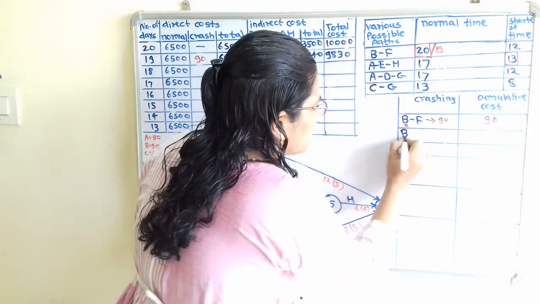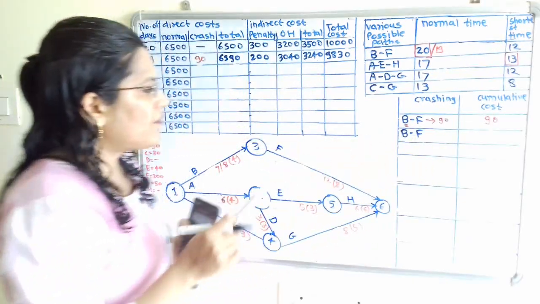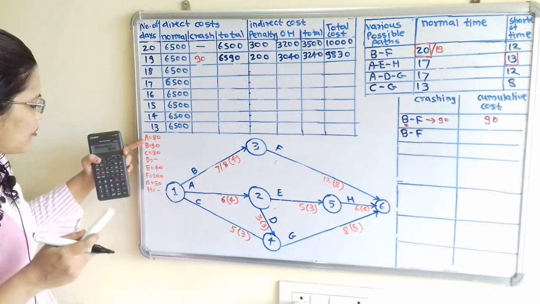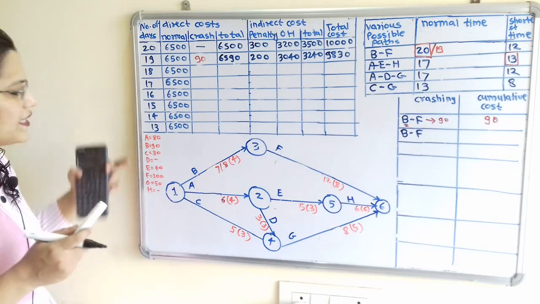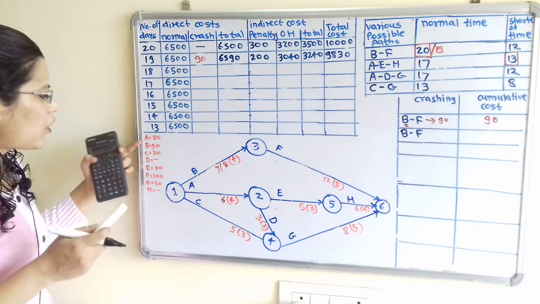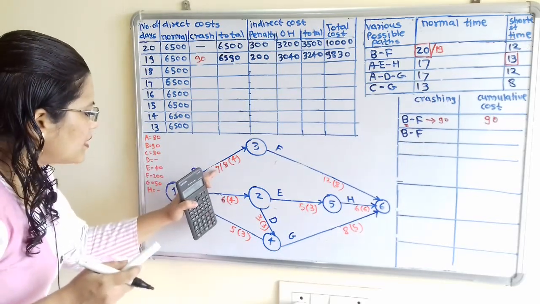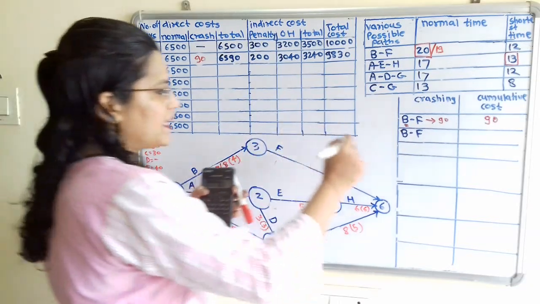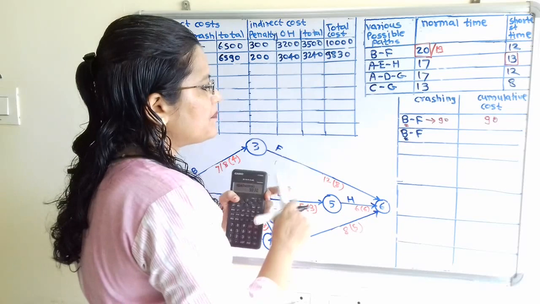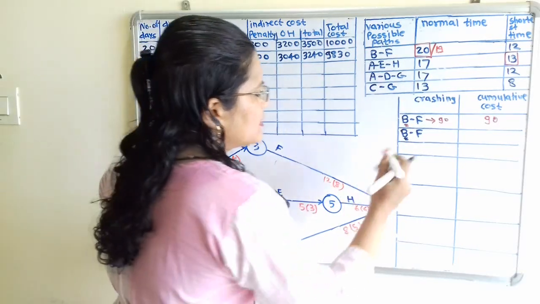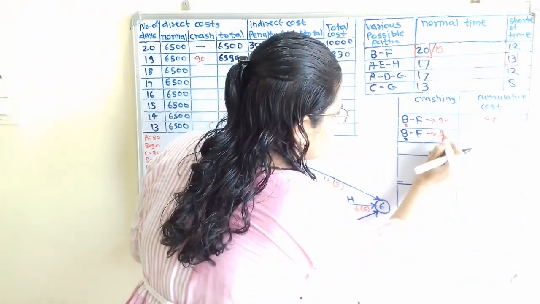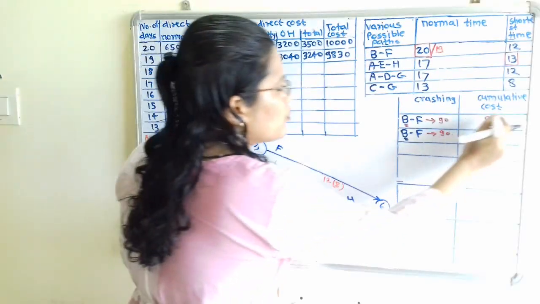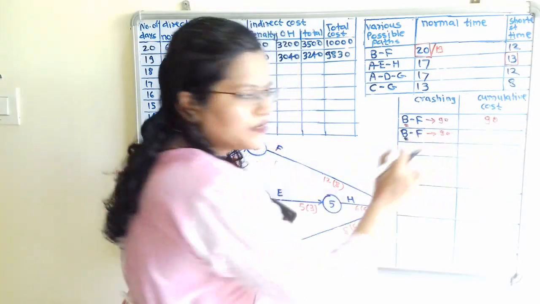So I will select B to F. Now again if we compare the cost between B and F, B has less cost and here the normal time for B is greater than the shortest time. So again we will select this activity B. So for B the cost is 90. So I will show with an arrow. But here the cumulative cost is this 90 plus the previous 90.